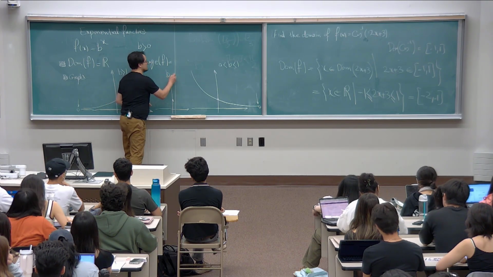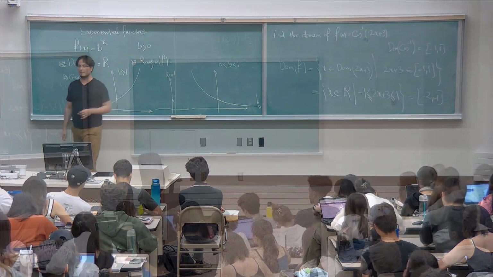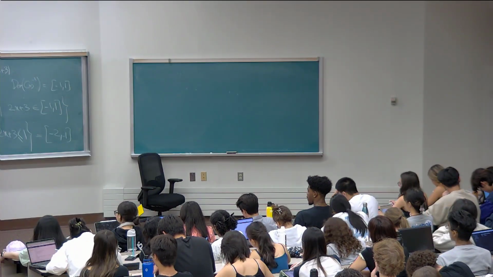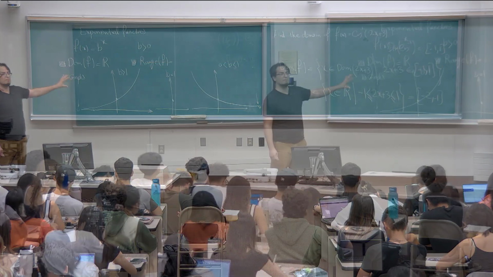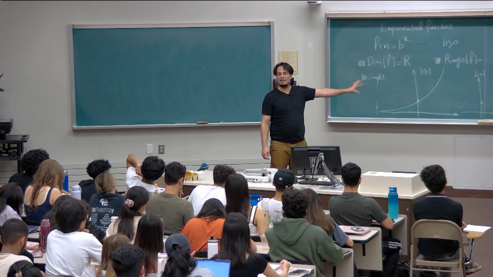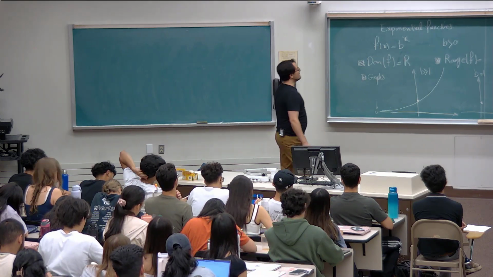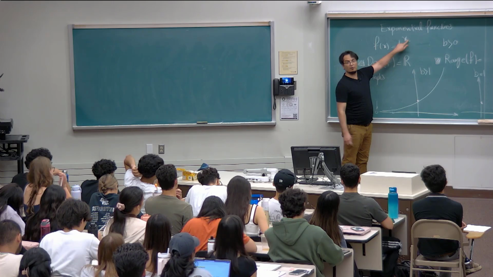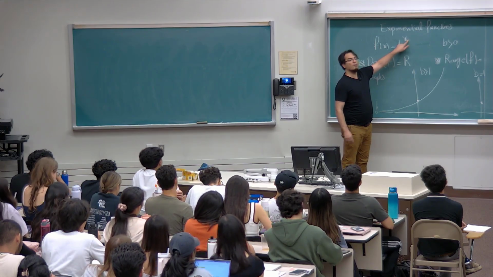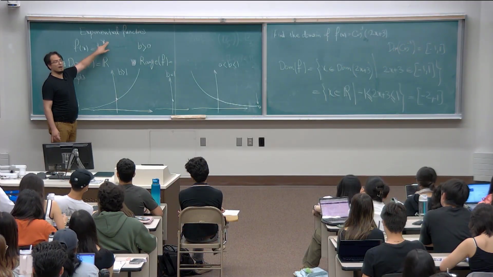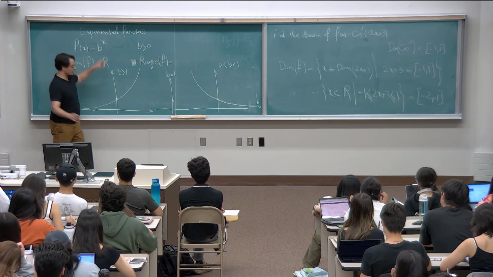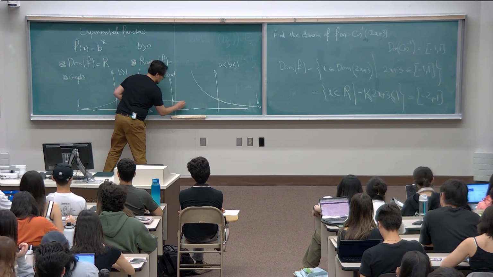But the case that b is equal to 1. When b is equal to 1, we will erase that. Just keep in mind, I will erase that. I'm drawing it for some reason. When b is equal to 1, I have 1 to the power x. For all x's, 1 to the power x is 1. So I have a constant function.